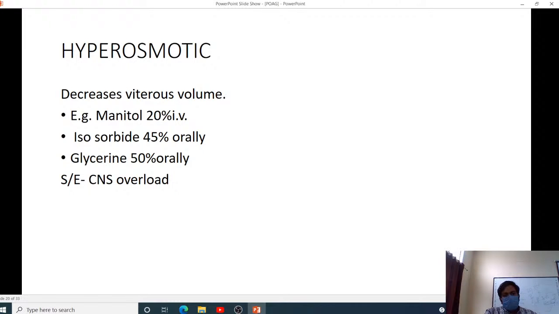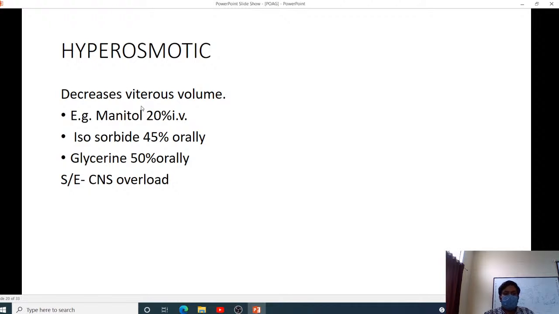Third are the hyperosmotics. They work by decreasing the vitreous volume. If we give these drugs, the water from the vitreous diffuses out into the circulation, and that's how it decreases the vitreous volume and decreases the intraocular pressure. The examples are mannitol 20% and glycerin 50% orally. The side effects are CNS overload, and congestive cardiac failure or circulatory overload is the most common complication.